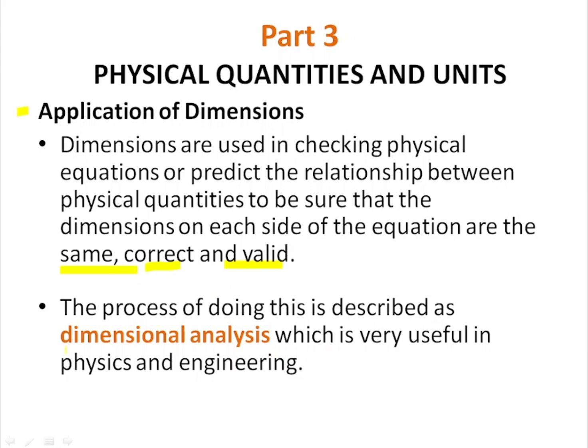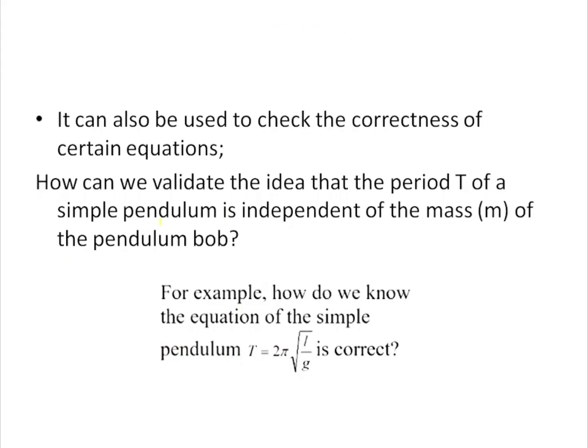The process of doing this is described as dimensional analysis, which is very useful in physics and engineering. It can also be used to check the correctness of certain equations. How can you validate the idea that the period T of a simple pendulum is independent of the mass of the pendulum bulb?